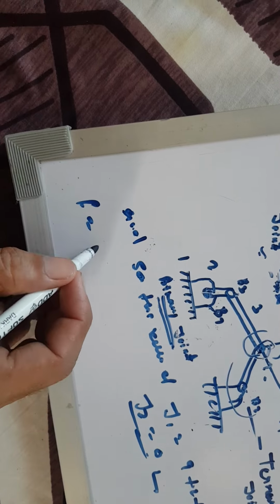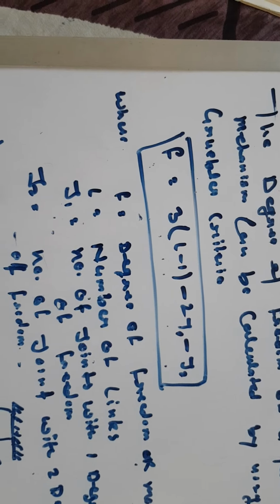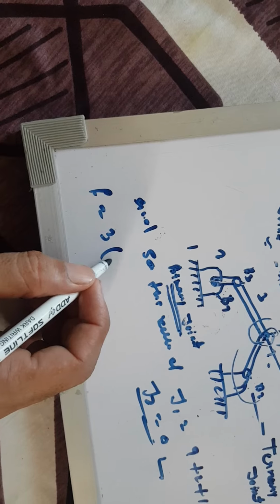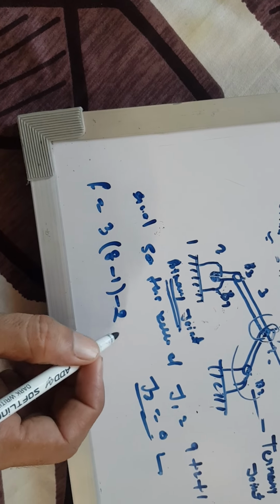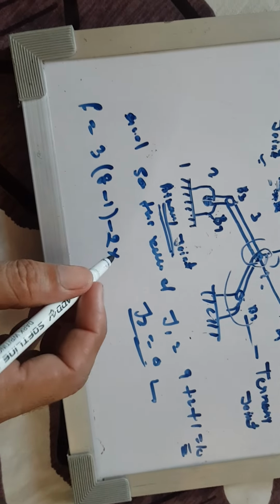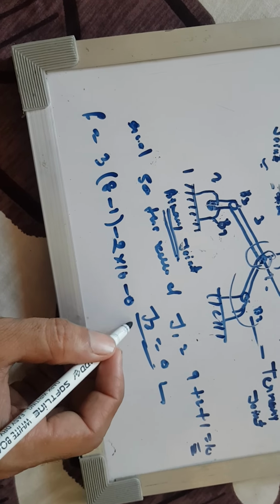F is equal to 3 times L, the number of links, that is the formula, 3 times (L minus 1) minus 2 J1 minus J2. So links is 8, minus 1, and minus 2 times joint 1, which is 10, and minus J2, which was 0.